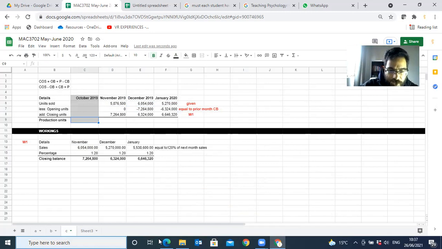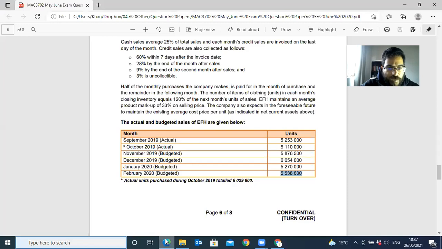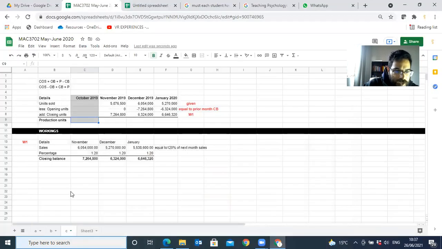They're telling us that actual units purchased during October total 6029. I just want to see October's information, maybe October's closing balance is different.